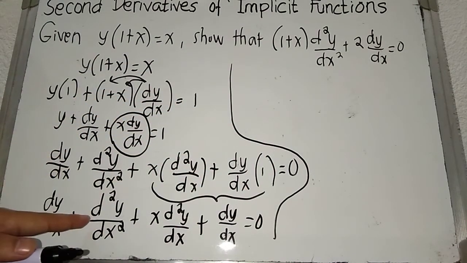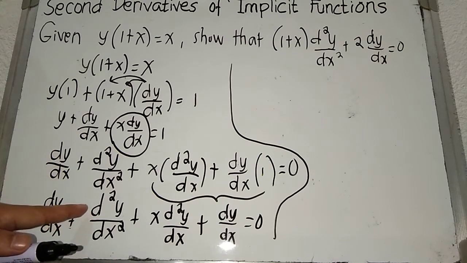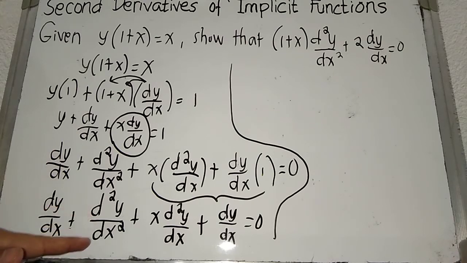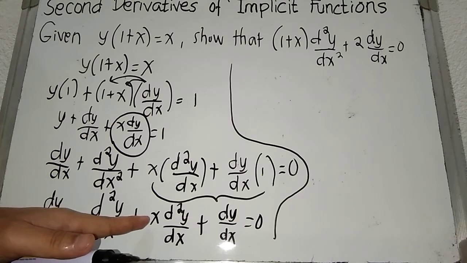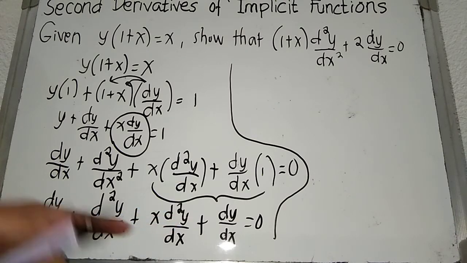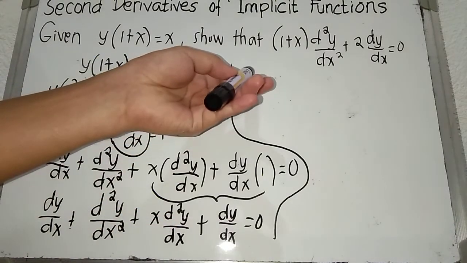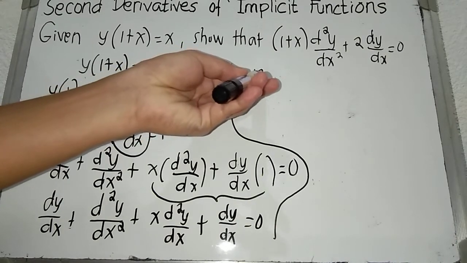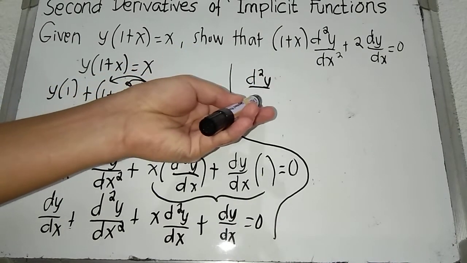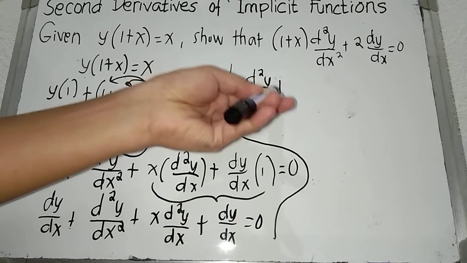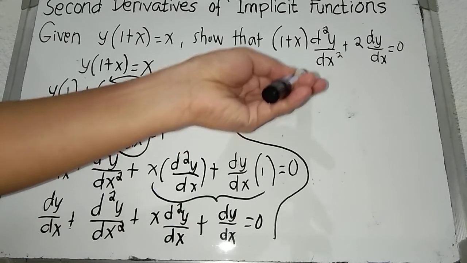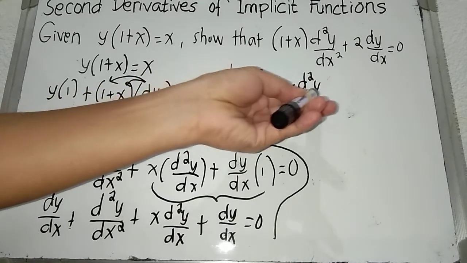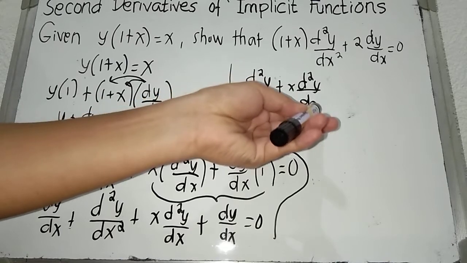So first thing to do is to copy dy, the second derivative of y with respect to x, and the third term x, the second derivative of y with respect to x. So this is now the derivative of y with respect to x plus x, the derivative of y with respect to x.